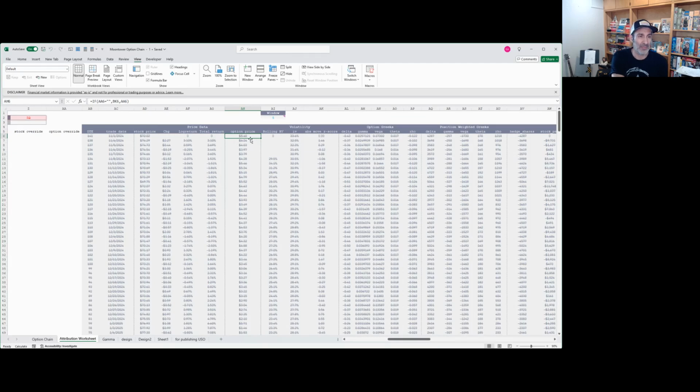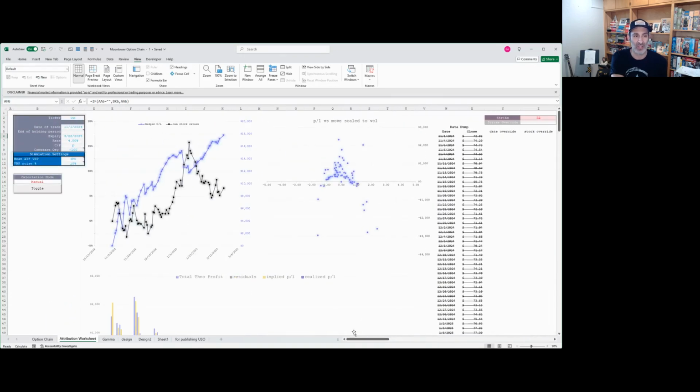So you would have made roughly $4.70 times 100 contracts, so $47,000 if you just sold these puts naked. If you delta hedge these puts the entire time, you made $18,000.